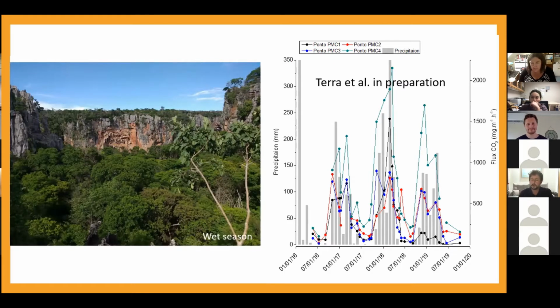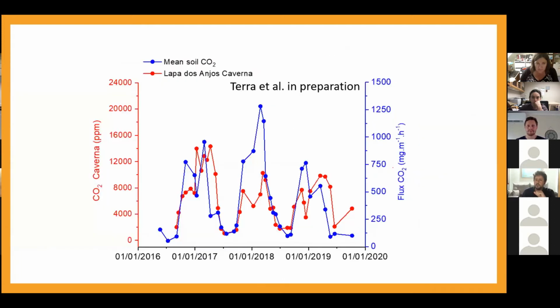And if you monitor the CO2 of the soil, here we have like 4 points monitoring soil CO2. We see, in the gray bar, variation of precipitation, that variation in precipitation drives soil vegetation, soil biological activity, and as a consequence, the CO2 production of the soil, and then in the cave.